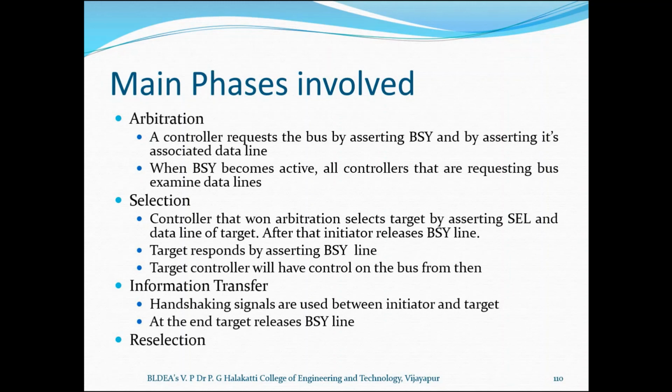The SCSI standard defines the structure and content of various types of packets that the controllers exchange to handle different situations. The initiator uses the packets to send the command it receives from the processor to the target. The target responds with status information and data transfer operation. So this function is controlled by the target.